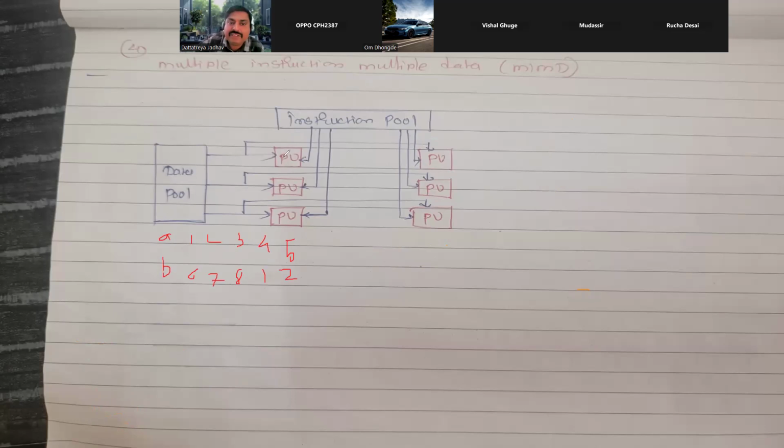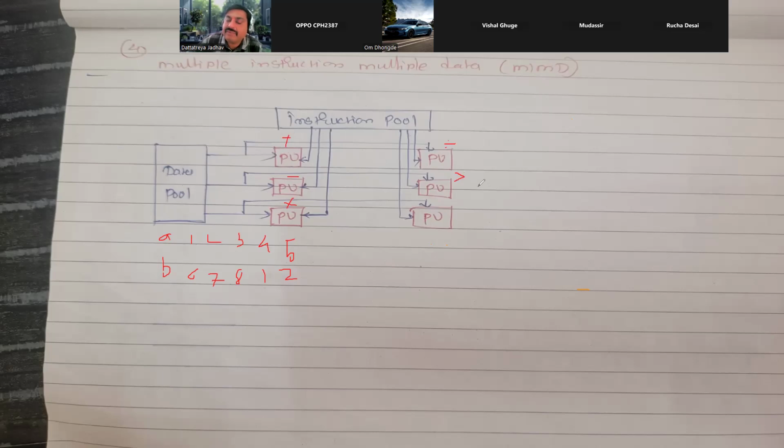So this processor will use one value of A and B, this processor will use one value of A and B, and this processor will use one of the values. Suppose multiple instructions: this processor will do the addition, this will do subtraction, this will do multiplication, this will do division, this will do increment or logical operation.